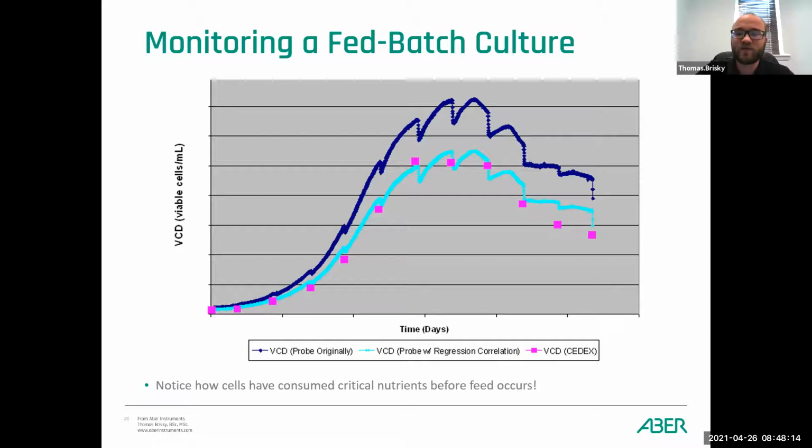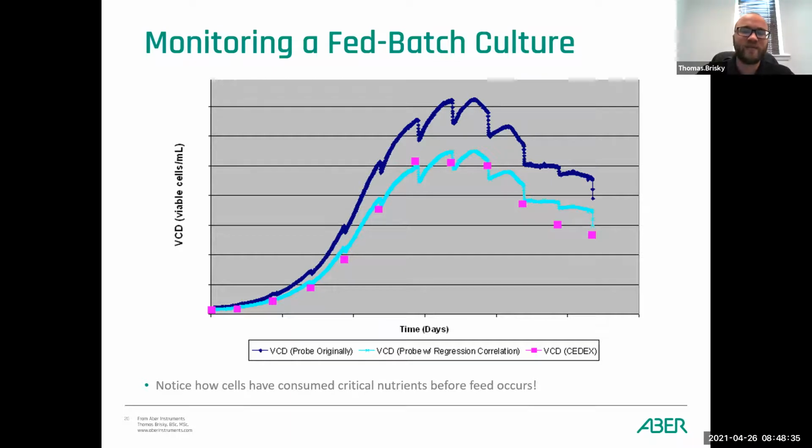The pink squares are the offline counts performed using CDEX. The two blue lines are the exact same trend, only the absolute values are different. It's just that the light blue line has a simple calibration factor applied that converts capacitance to cells per milliliter to match the offline counts.